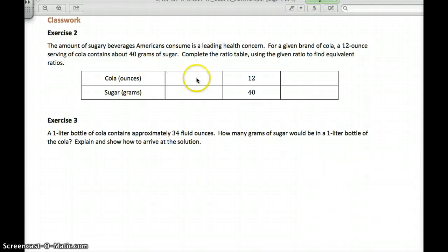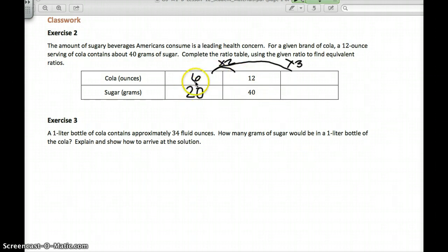All right, let's create this equivalent ratio table then. If we said 12 ounces for 40 grams of sugar, let's use this theory that we're going to just multiply by times 2 here, and then times 3 here. So half of 12 would be 6, and half of 40 would be 20.